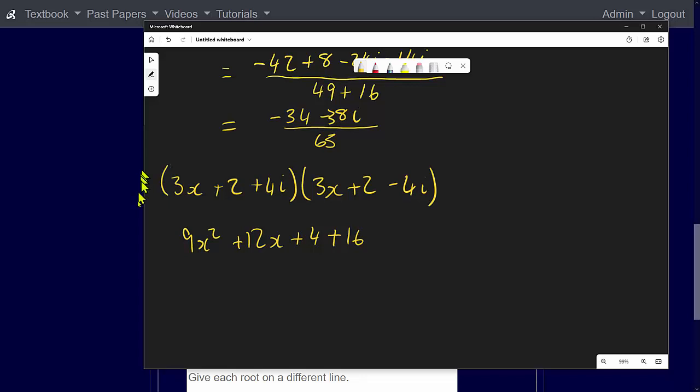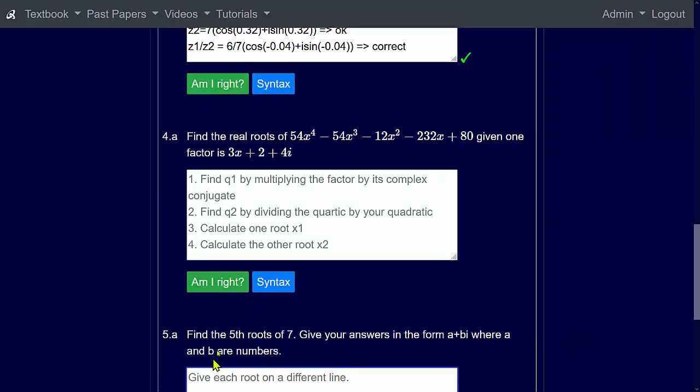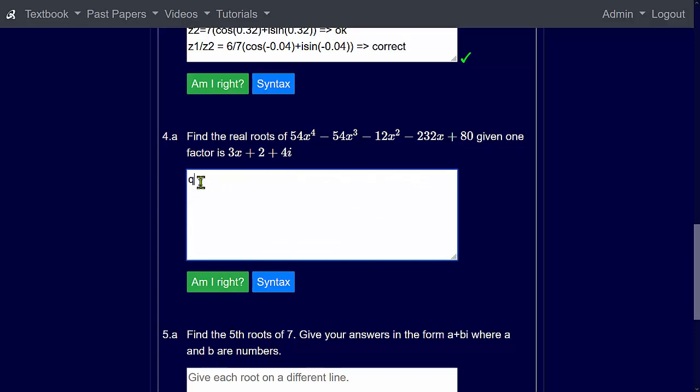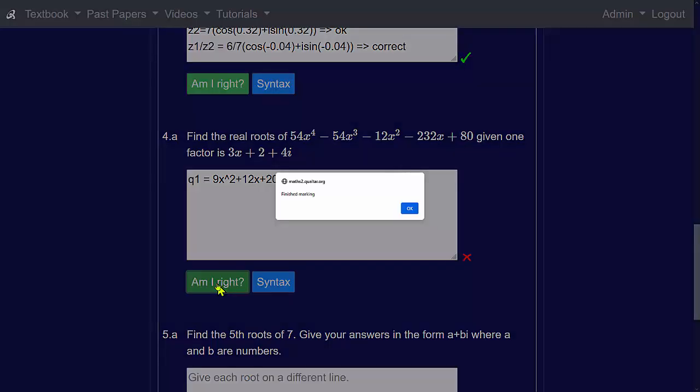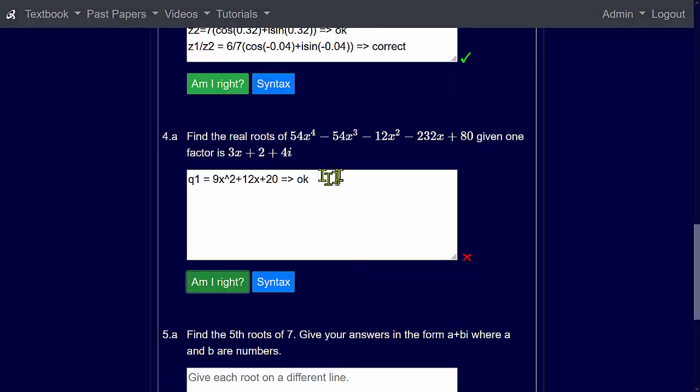Okay, so we'll stick that in just to be sure that we're right so far. So we've got Q1, which is the first quadratic. Q1 is equal to 9x squared plus 12x plus 20. And am I right so far? Yes, good.